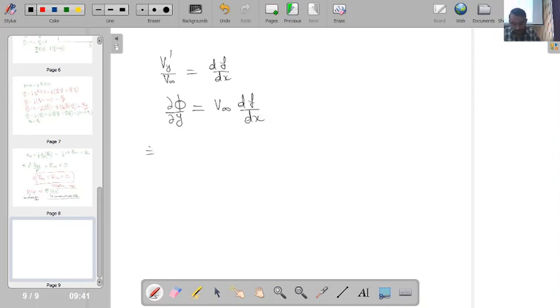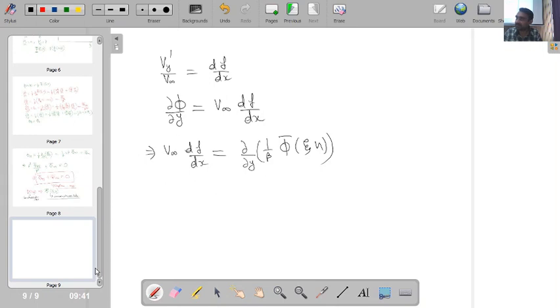Now I know the relation between del phi by del y in terms of zeta eta. So I can say that v infinity into df by dx is equal to del by del y of 1 by beta into phi bar of zeta comma eta.